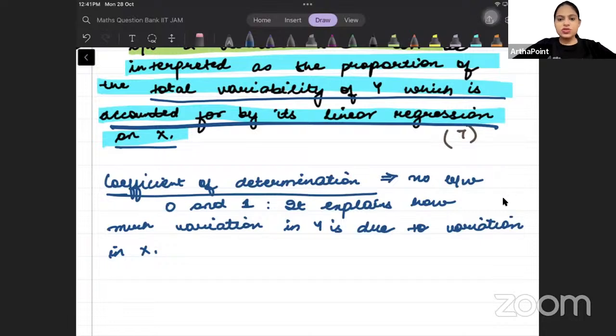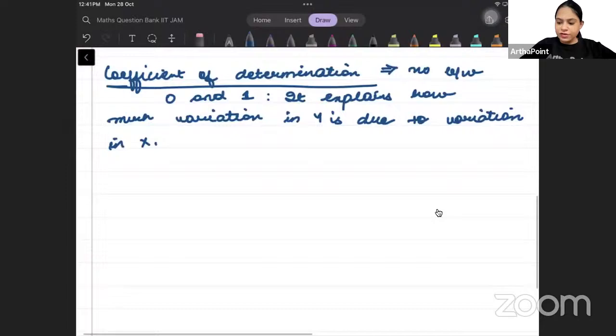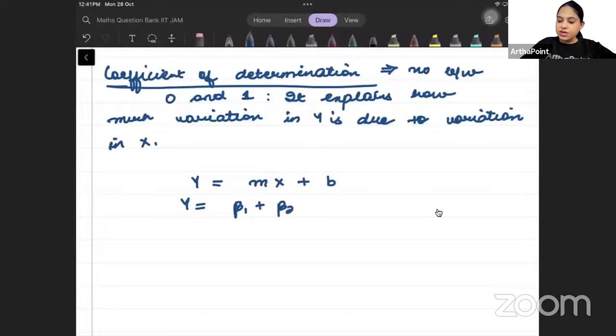I'm just helping you revise simultaneously. We have studied various formulas for small r square. Whenever we have a regression equation, the basic form is y is equal to mx plus b. Many books write this as y is equal to beta 1 plus beta 2 x plus ui.